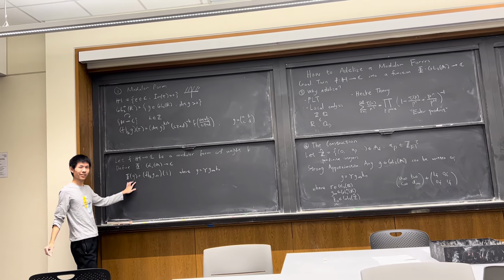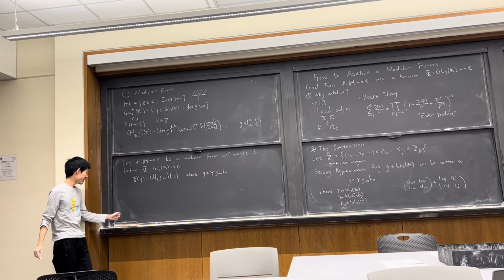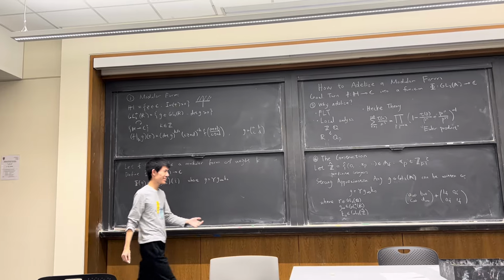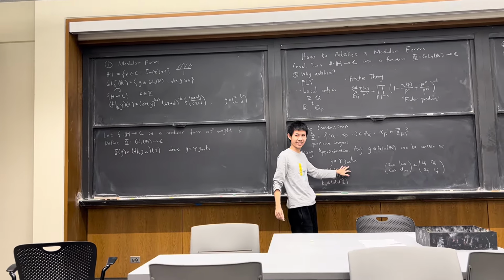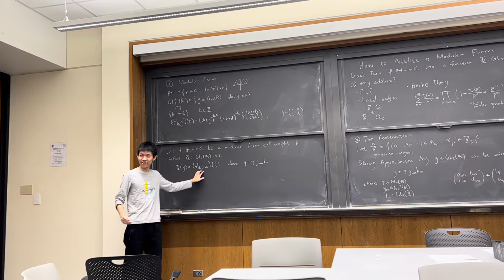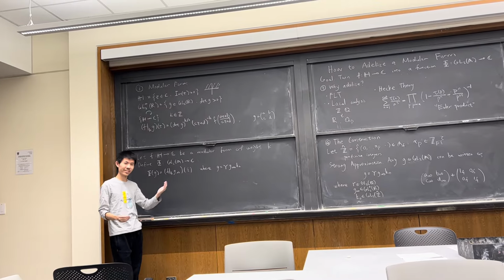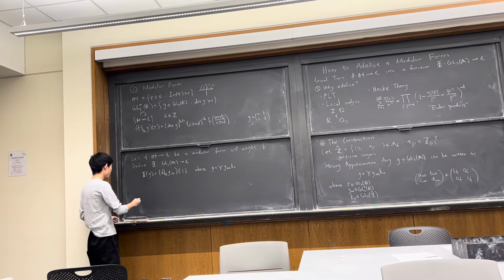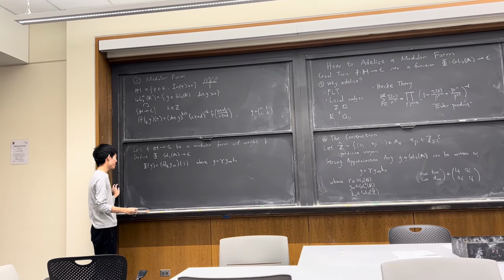But we're not quite done yet, because strong approximation only says that such a decomposition exists. It doesn't say it's unique. So we still have to make sure that this is well defined, and this is a bit annoying. So why is it well defined?